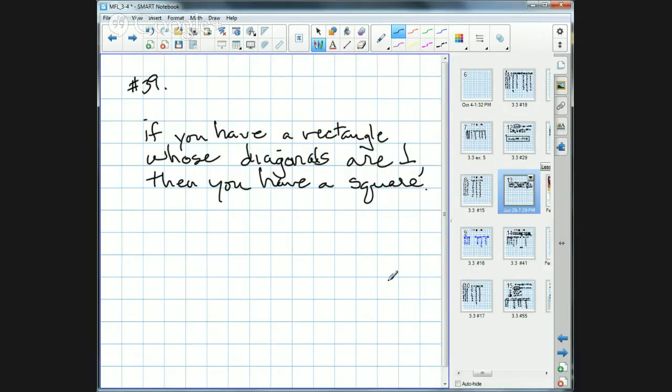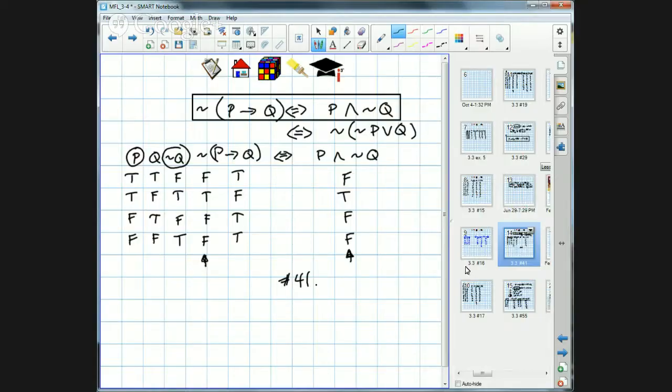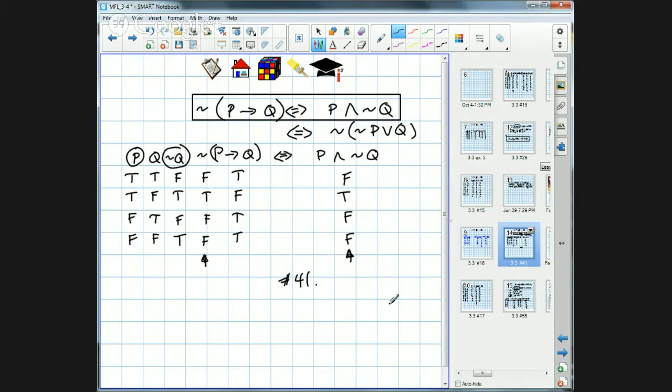You bet. Yeah, here's 41. Okay. I got P, I got Q, got the negation of P. So the negation of if P then Q is equivalent to P and not Q. So do you see how I translated that in the box here?